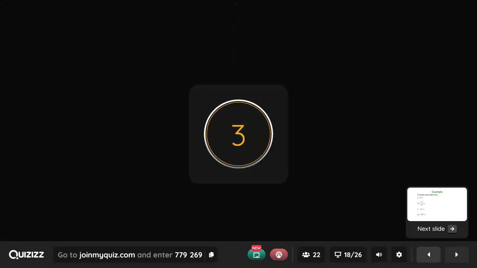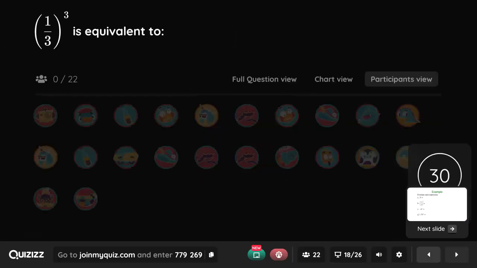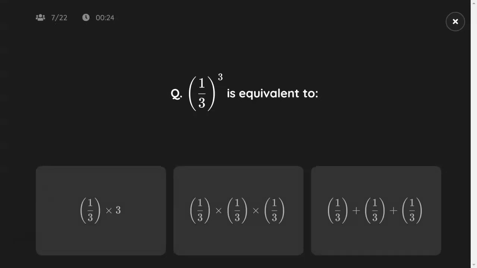So I want you to look: which of these options is the expansion of 1/3 to the 3rd power?